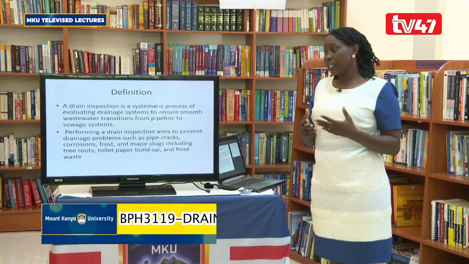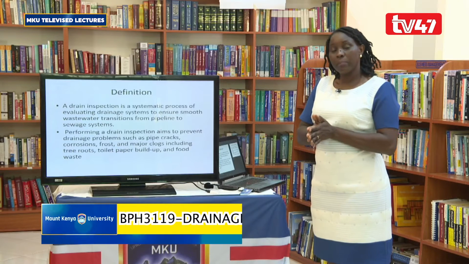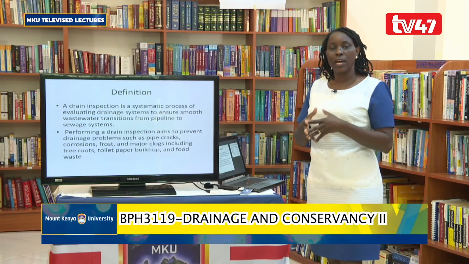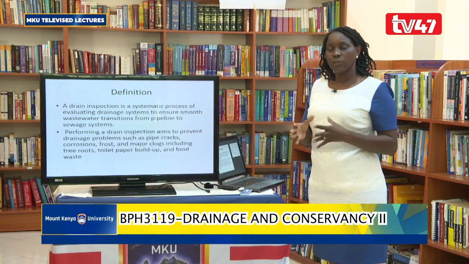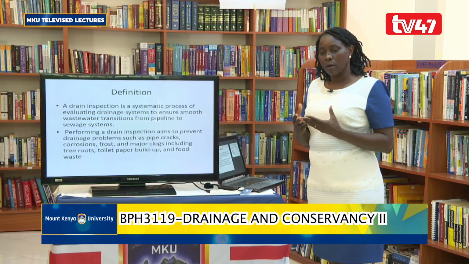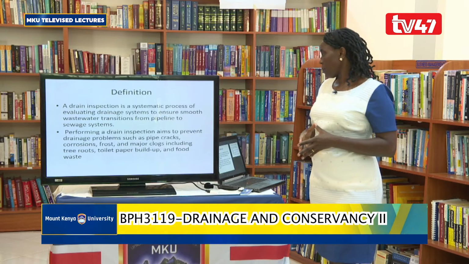We also have major clogs, which include maybe penetration of roots from vegetation or trees that could be growing around the environment where the drains are laid. You also have toilet paper buildup. At times you do not have adequate water to flush out the toilet paper and other materials that could be in the wastewater.